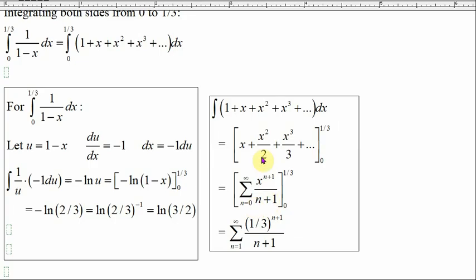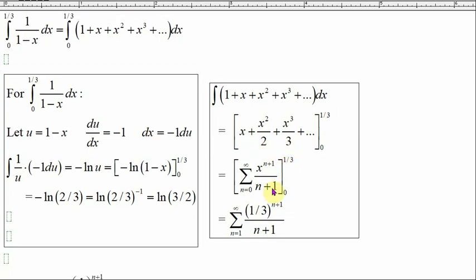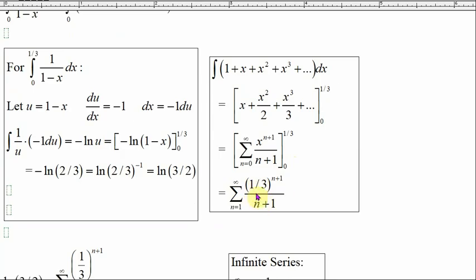When n is 0, we get x. When n is 1, we get x squared over 2, and so on. Then evaluate from 0 to 1/3, where x is 1/3, and when x is 0, we just get 0. So this is what we end up with.